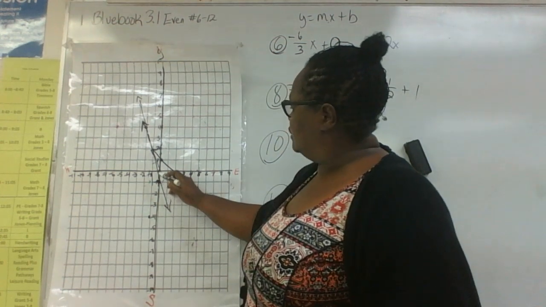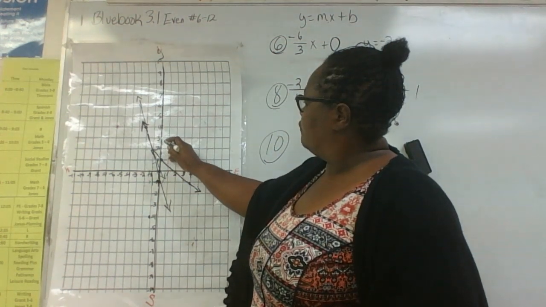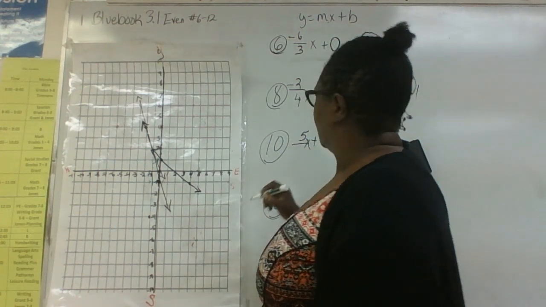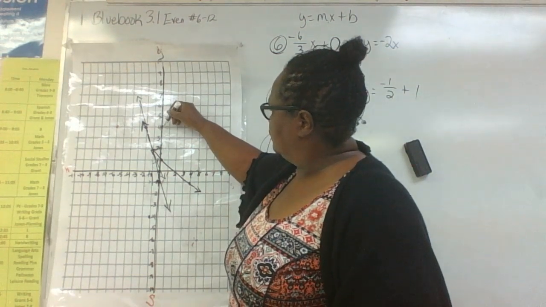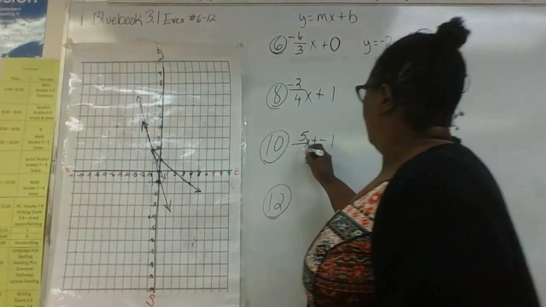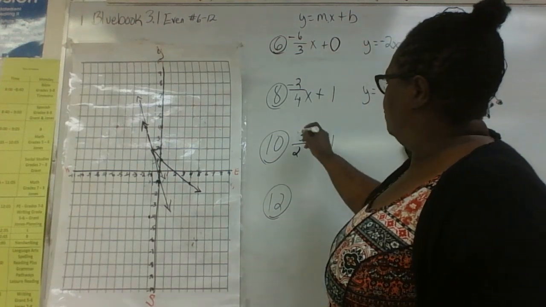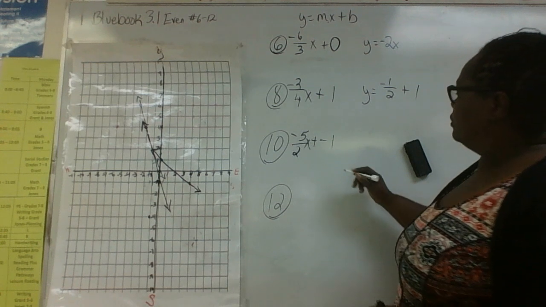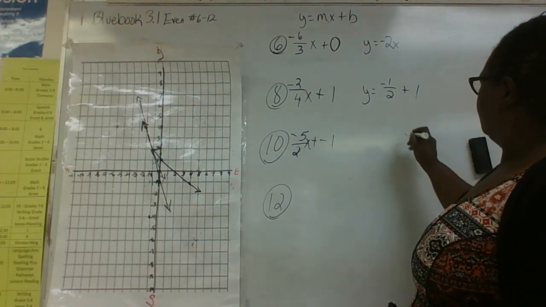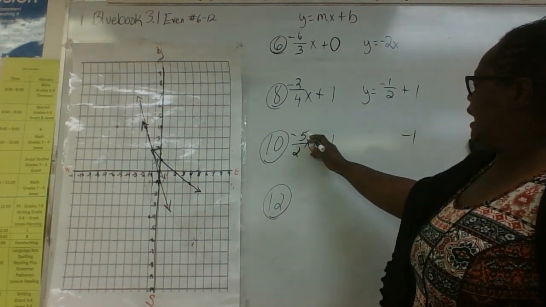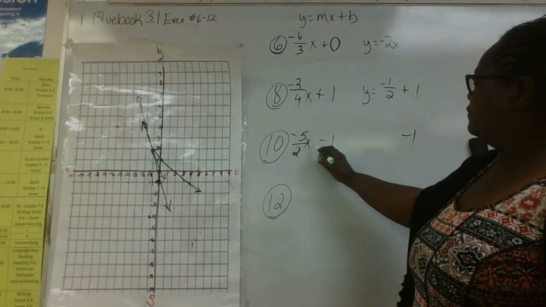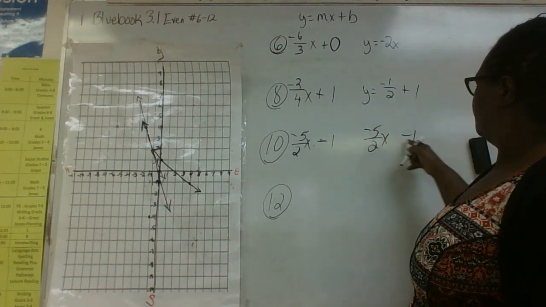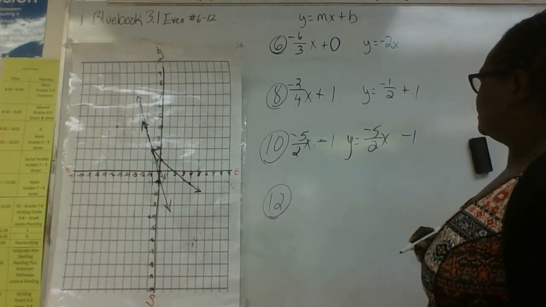Now let's get our rise: 1, 2, 3, 4, 5. And our run is 2, and we move to the left. So let's simplify. We have -1 for our intercept, and our slope is -5 halves, so y is equal to -5/2 x minus 1.